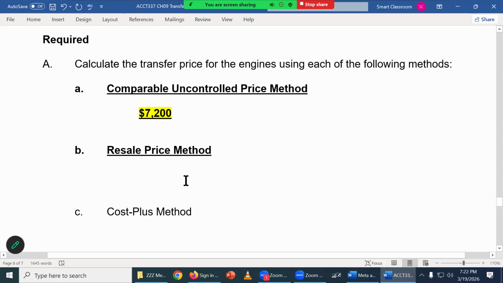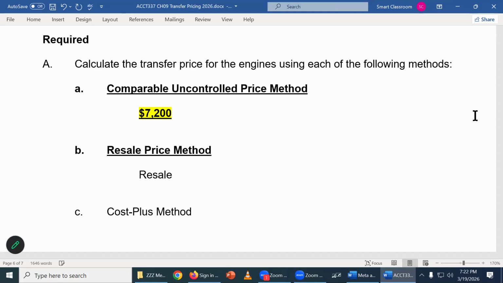So they're going to resell it. The resale is, oops, let's try that again. $10,000 minus the markup on sales.